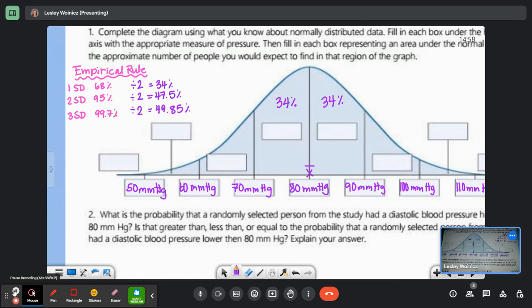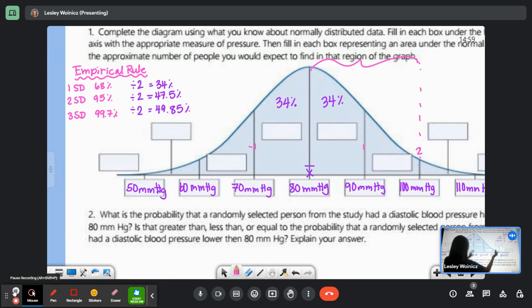Okay. So now that we have that information, we know that this piece right here is the 47.5, right? Because it's half of the 95. Do you guys see what I'm looking at? Okay, so here's one standard deviation and -1.